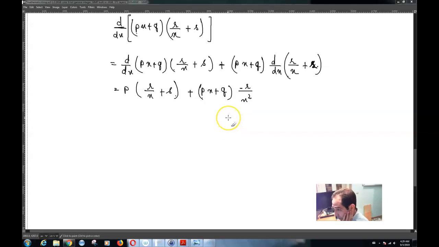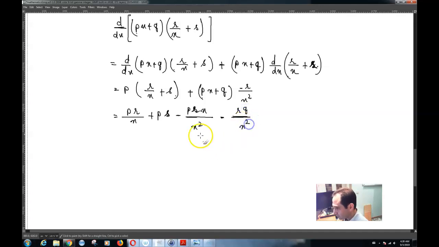Now what you can do here is write this as pr over x plus ps, plus or minus prx divided by x squared, minus rq over x squared, and then x and x can cancel out here.